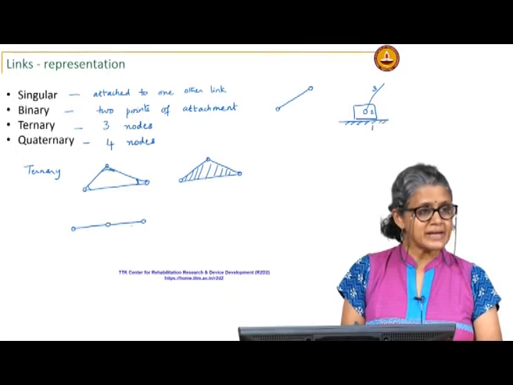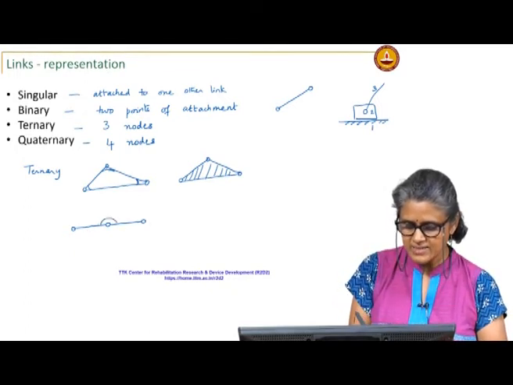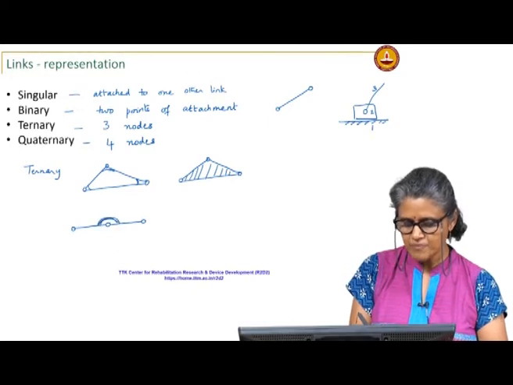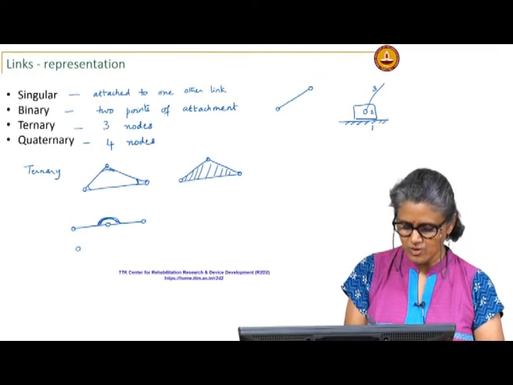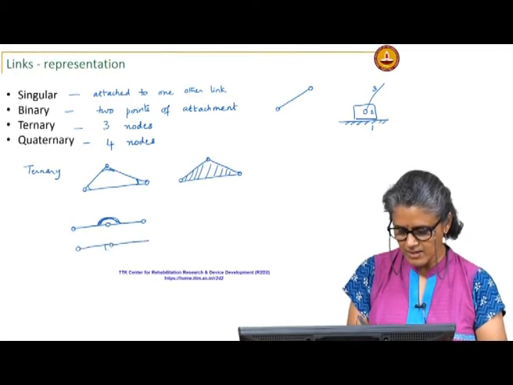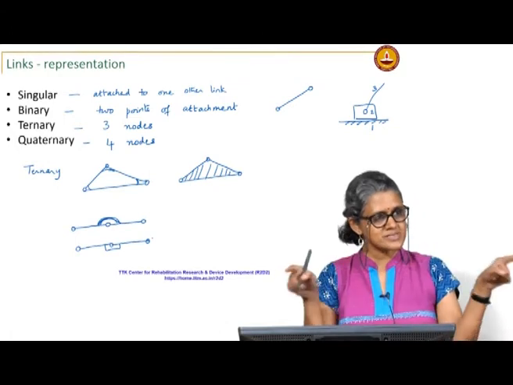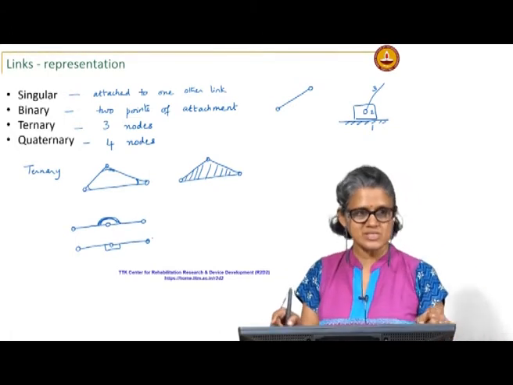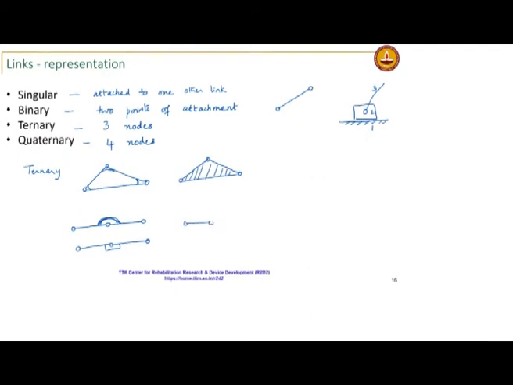You would normally interpret this as 2 binary links unless it has this weld. In that case it could be like this or like this. It has to have that weld to show that it is one link, as the nodes could be on the same line. This is different from this, which is 2 binary links.